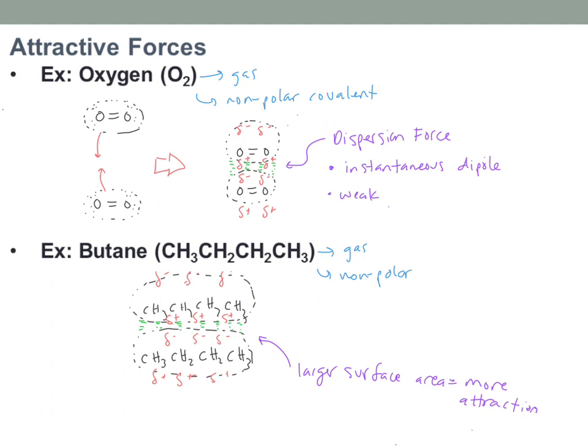And so what we tend to see with these dispersion forces is that they increase with the size of the molecule. When you get giant molecules, they can actually be solid-ish. Waxes are a good example of something that basically just has dispersion forces, but they're so big that they stay together and don't fly around as gases.